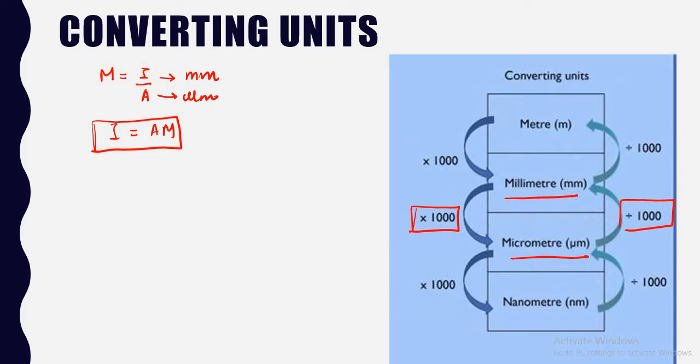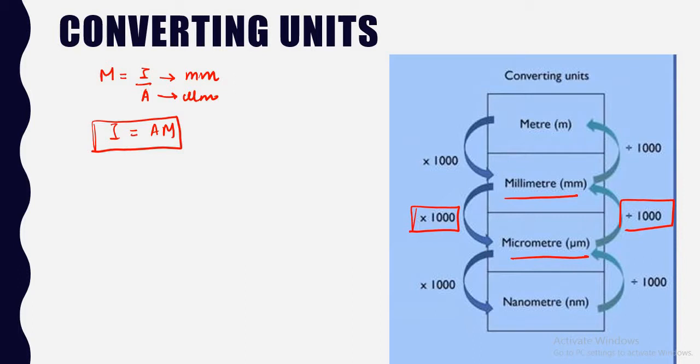So rearranging and unit conversions are very important. The two units should be the same, and generally they will ask you to find the answer in micrometers. So whenever you are finding it from millimeters, just multiply by 1000.